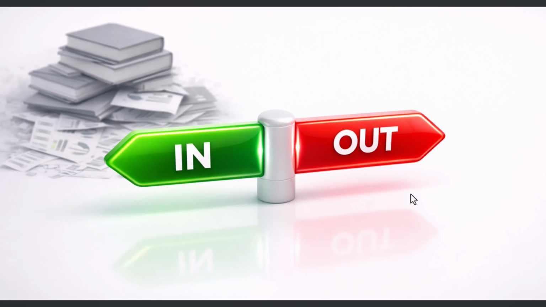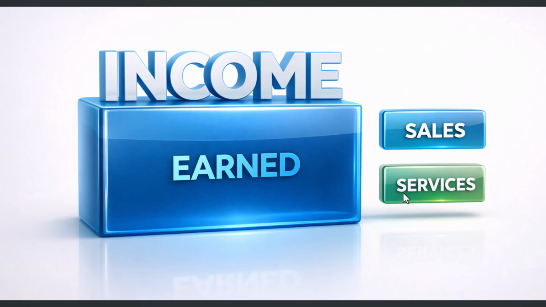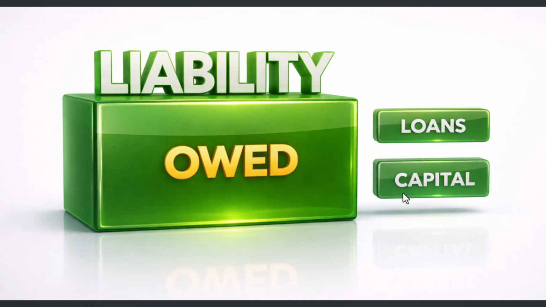Let's break that down. Rule 1. When money comes in. Whenever money enters a business, there are only 2 possible reasons it came in. Option 1, the business earned it. This is called income. For example, sales. Option 2, the business did not earn it.